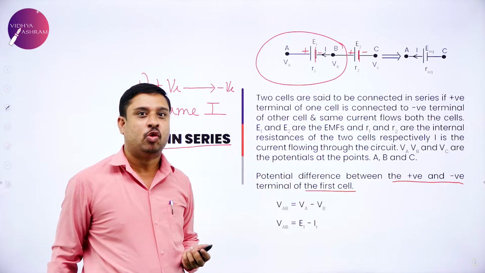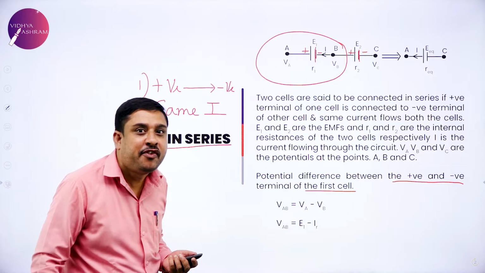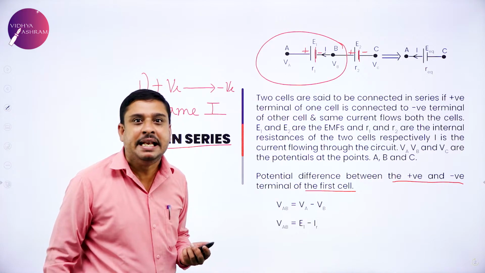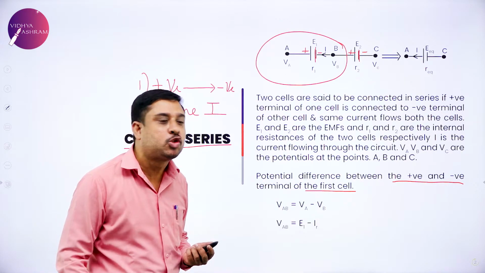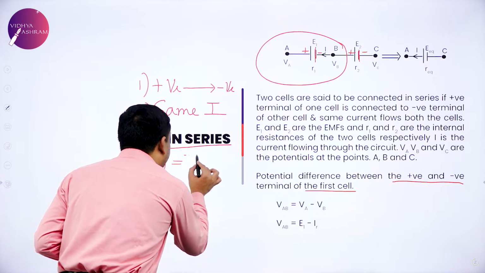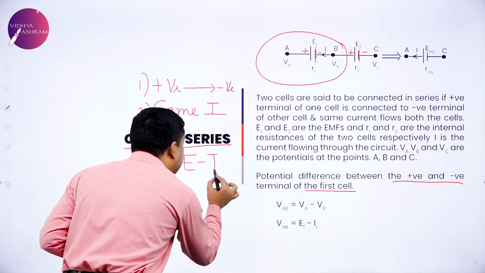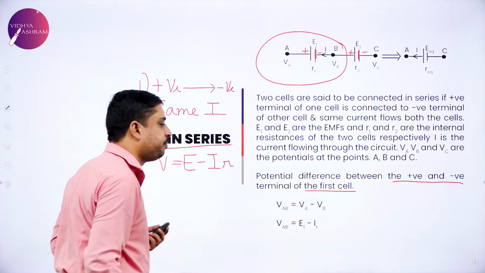Now, my dear students, generally the potential difference between the two electrodes of a cell is given by V equals E minus I into r.